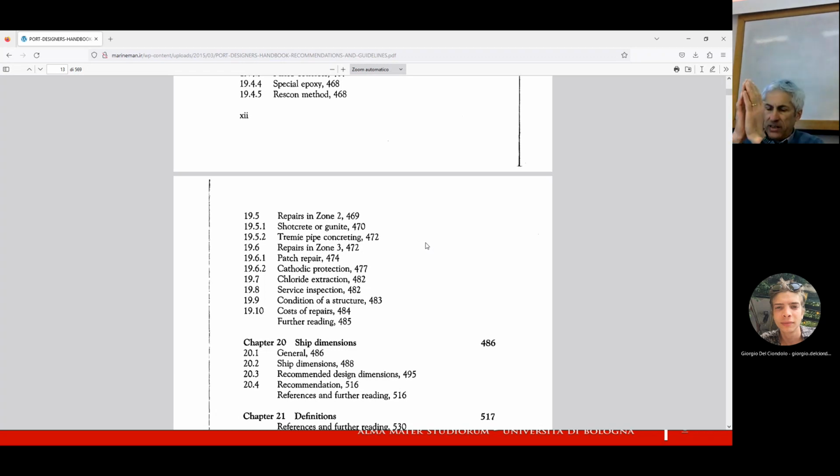And keep in mind that for the most part, harbor engineering means empirical formulas. These are physical processes, in some cases also chemical and biochemical processes. So in principle, we could describe these processes with the laws of physics.